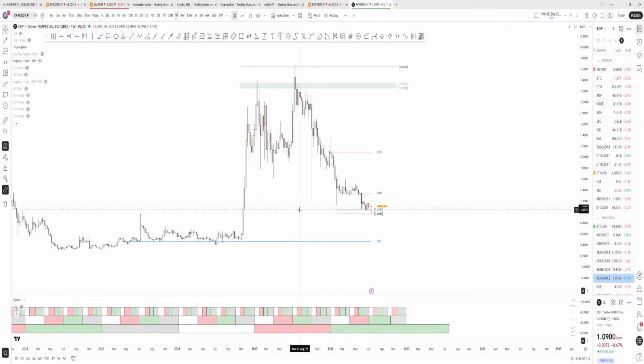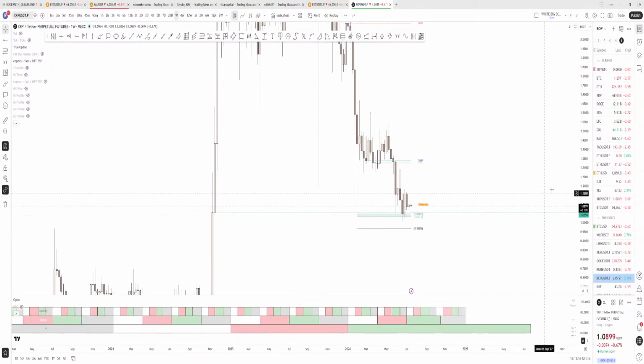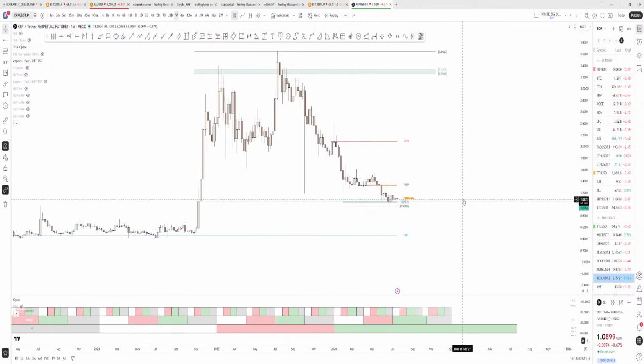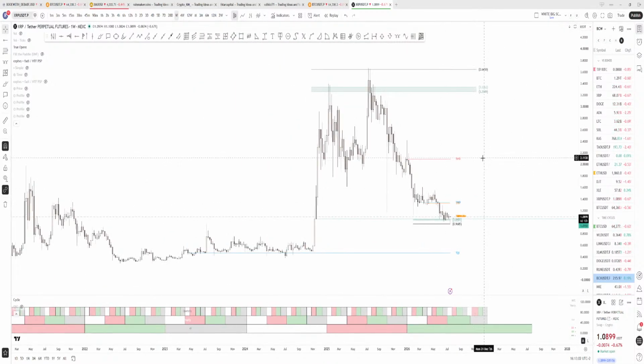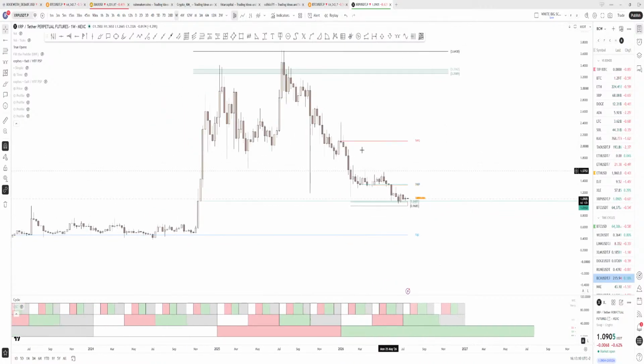So it's very scary. Right now we filled this level, this UNF. It's either survive or it's going to die. But there are a lot of continuous SFPs right here.